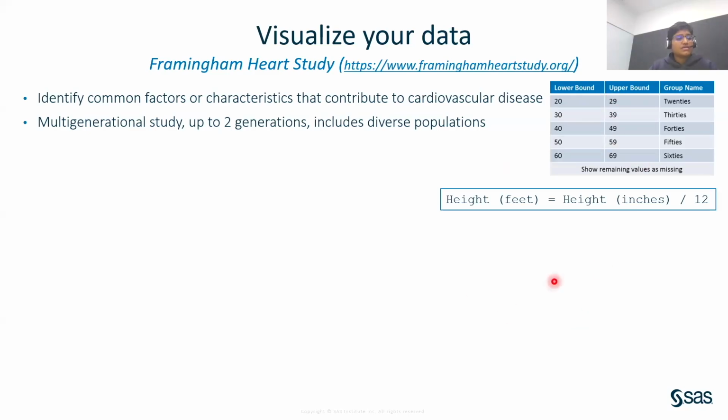Similarly, certain vital signs or physical examinations or body measurements have different units of measurement across different geographies. A classic thing: in India, when we measure weight, we measure it in kilograms.